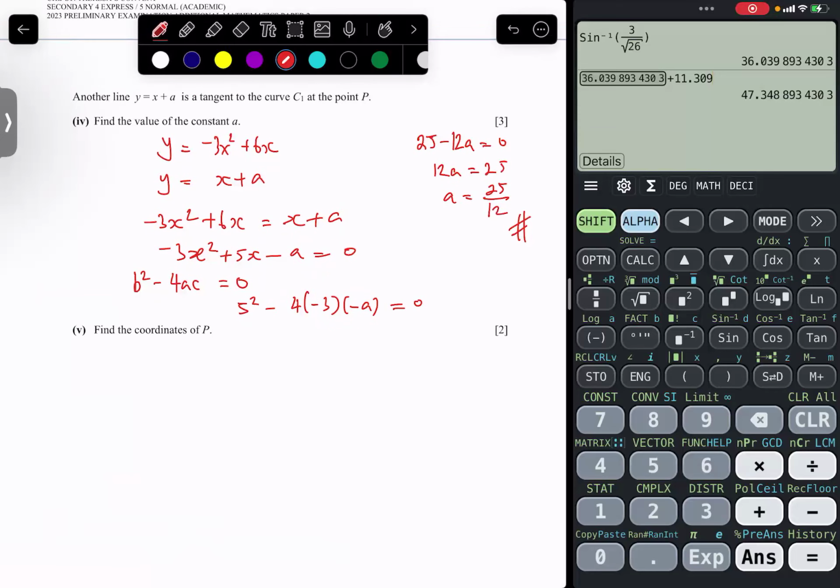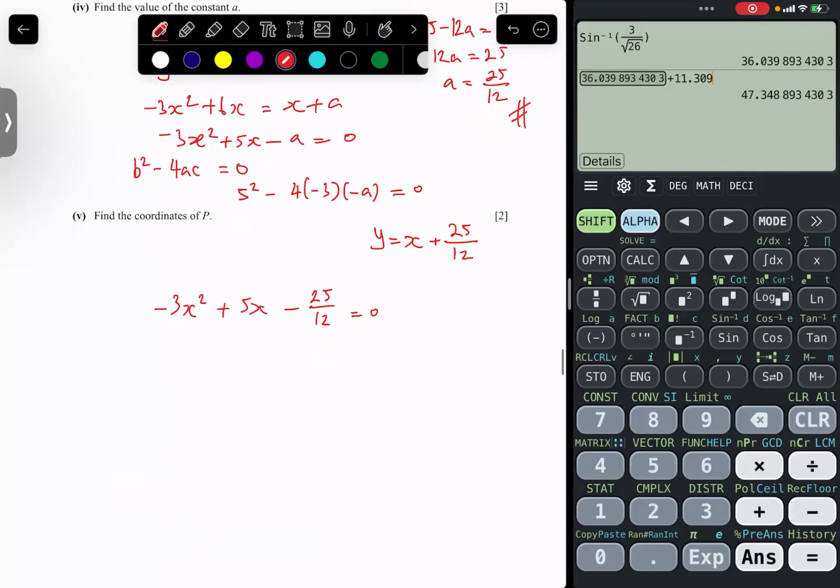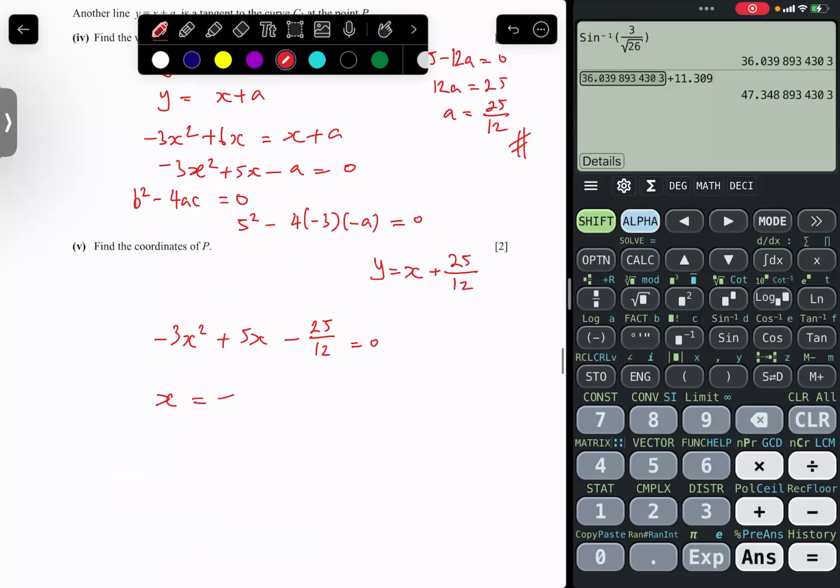So the line is y equals x plus 25 over 12. Now, we know the equation already, right? Negative 3x squared plus 5x minus 25 over 12 equals 0. So the coordinates will be x equals negative 5 plus or minus the square root of 5 squared minus 4 times negative 3 times negative 25 over 12, over negative 6.